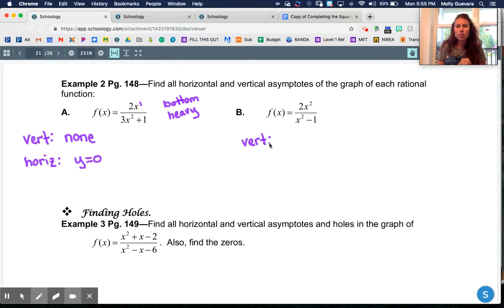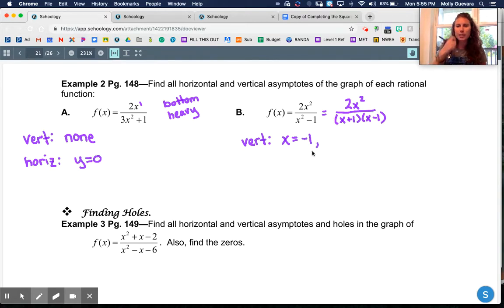So for vertical asymptotes, step 1. I didn't even listen to my own advice, right? Factor everything. This bottom is a perfect square, so it factors to x plus 1, x minus 1. Okay, so here I have a 0 at negative 1. If I plug negative 1 into the top, do I get 0? No. So that tells me that I have a vertical asymptote at negative 1, right?